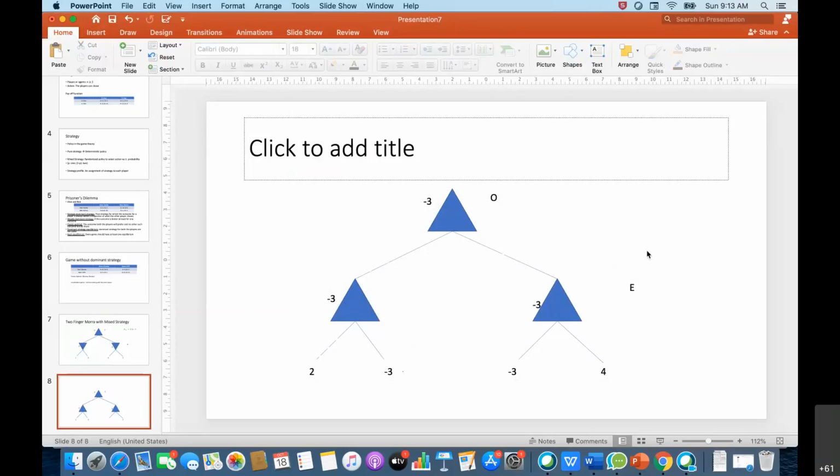Therefore, this node is a maximizing node and this node is a minimizer. This is max min.